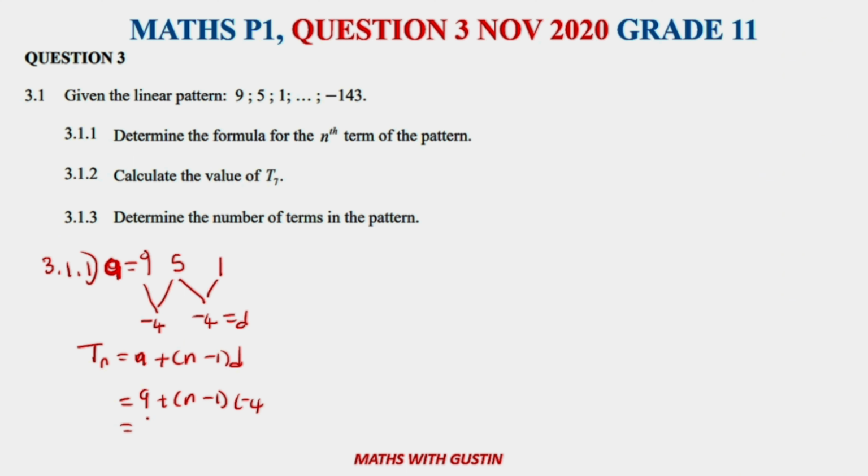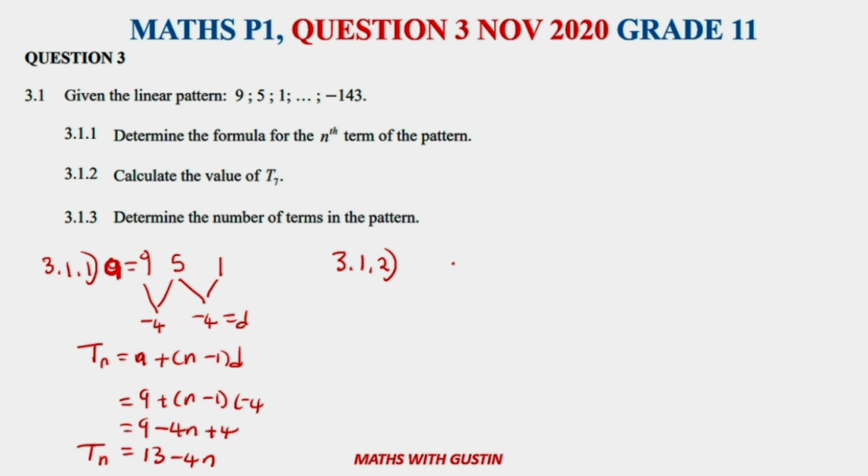Therefore we multiply throughout with that minus 4 to remove the bracket. It's going to be minus 4n plus 4. Therefore Tn is going to be given by 13 minus 4n. And that's how you would deal with 3.1.1.